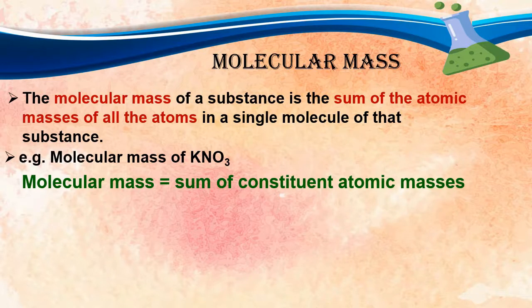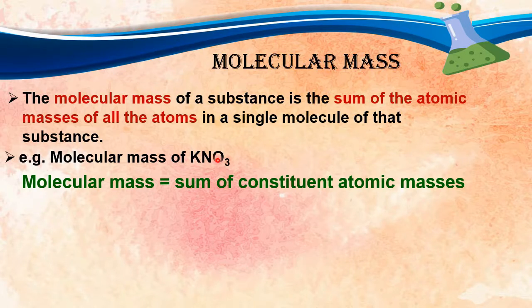Just now we have seen that molecular mass is the sum of atomic masses of constituent elements in that molecule. Here in the molecule of KNO3, constituent elements are 1 K, that is potassium, 1 nitrogen and 3 oxygens.